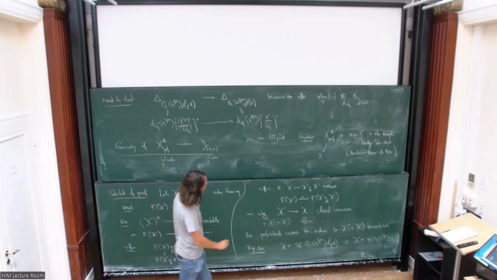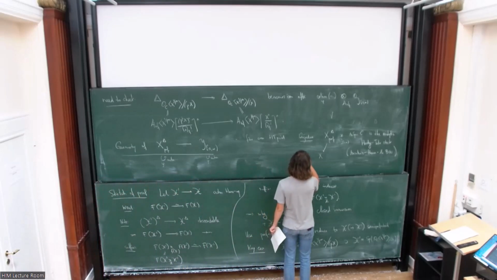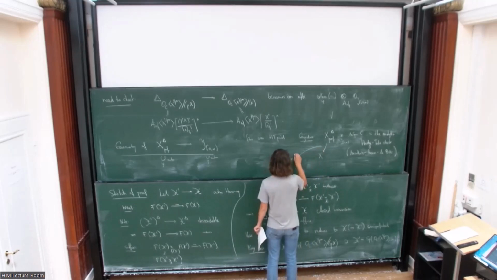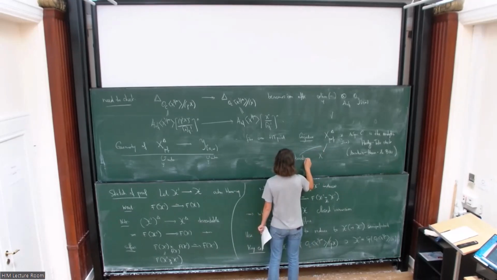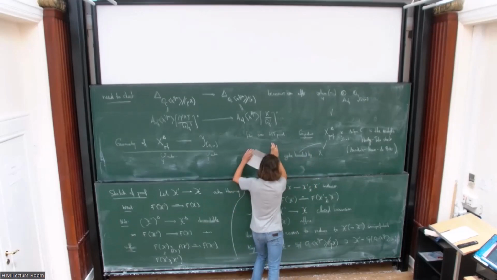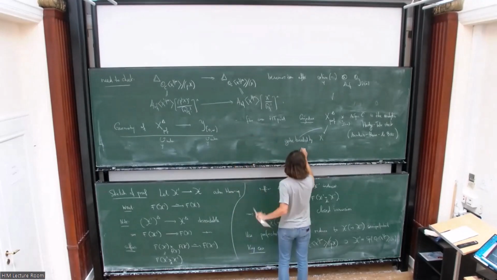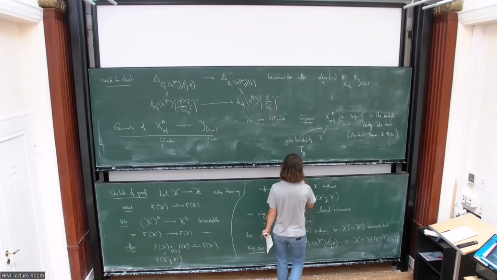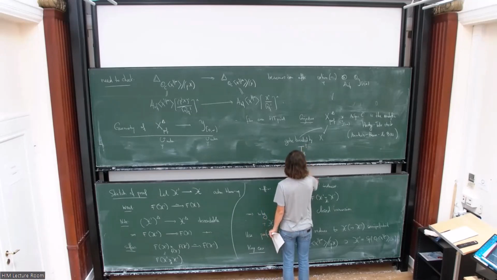And the map itself should be a gerbe banded by the tangent bundle of X, but then I'm not sure if you know this. Let me put a dagger here.